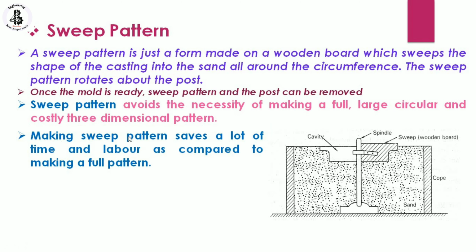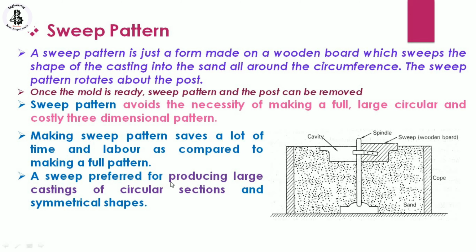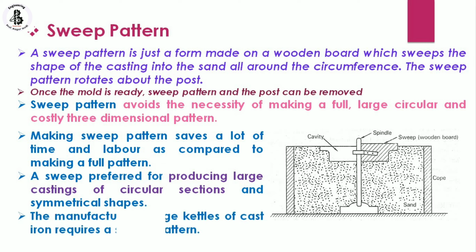Making sweep patterns saves a lot of time and labor as compared to making a full pattern. A sweep is preferred for producing large castings of circular sections and symmetrical shapes. So basically that would be used for large-size castings and symmetrical jobs. The manufacture of large kettles of cast iron requires a sweep pattern.